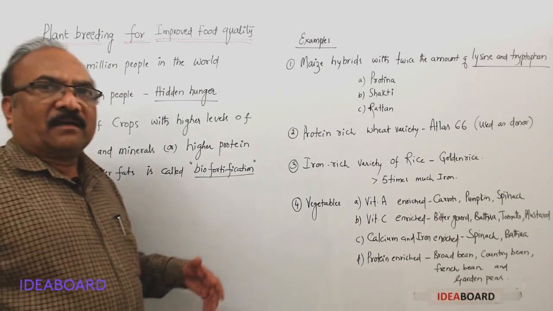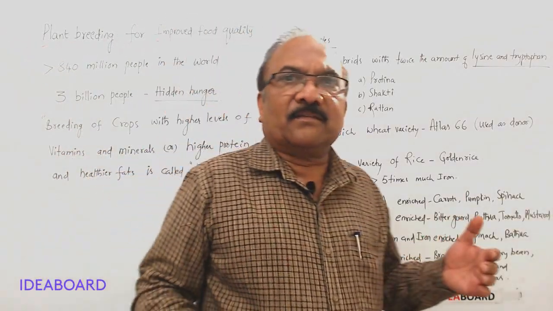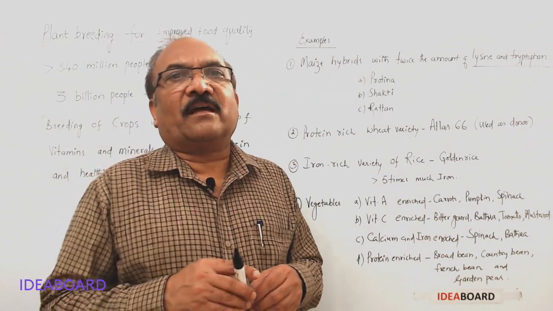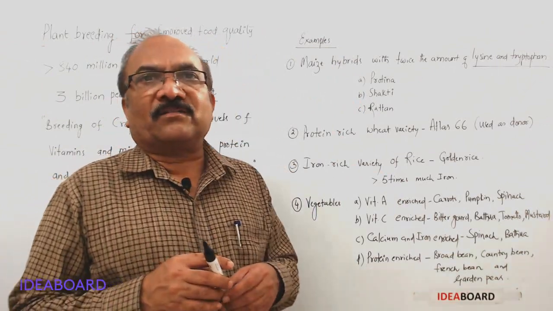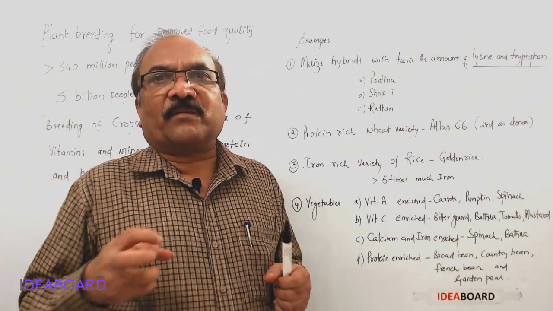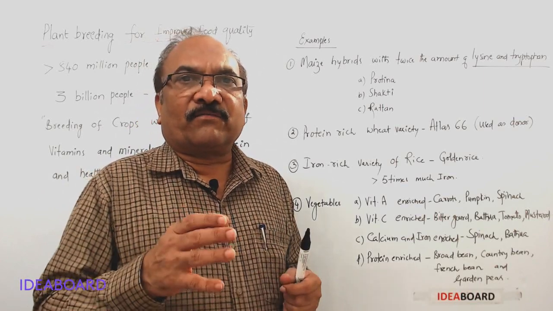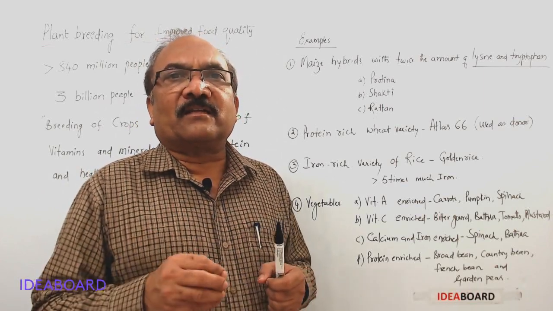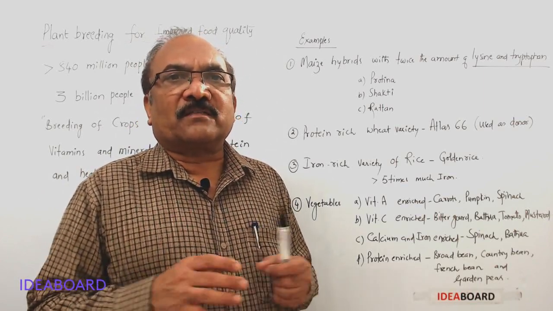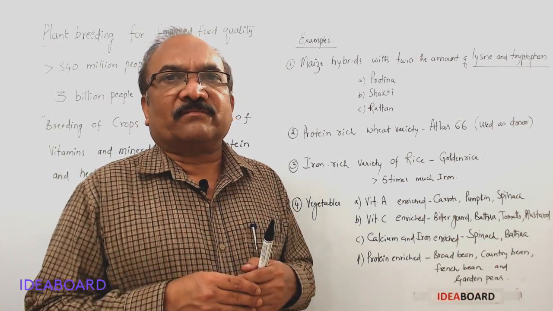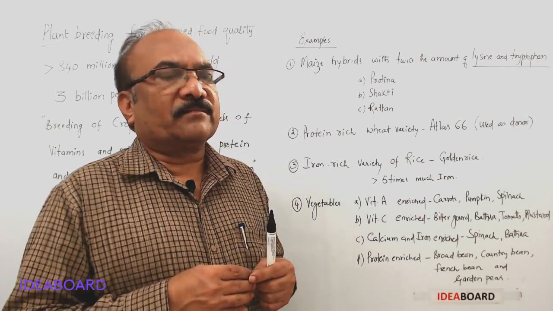And of course, by using different methods and genetic engineering, they have developed some varieties. And it is worth mentioning the Indian Agricultural Research Institute, which has developed several varieties in this field.